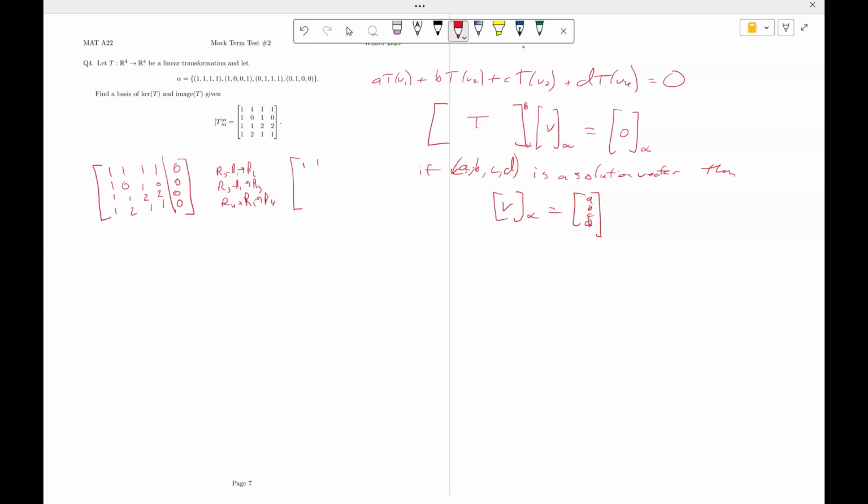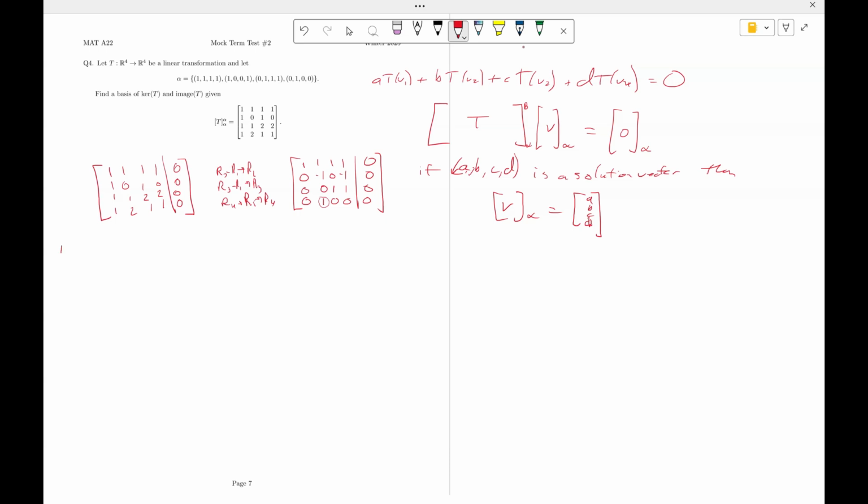The first row doesn't change. Then it's 0, minus 1, 0, minus 1, 0, 0, 0, 1, 1, 0, and 0, 1, 0, 0, 0. We could either take this one or this one. I like swapping the rows here, so I'm going to choose this to be my pivot because it's already 1.